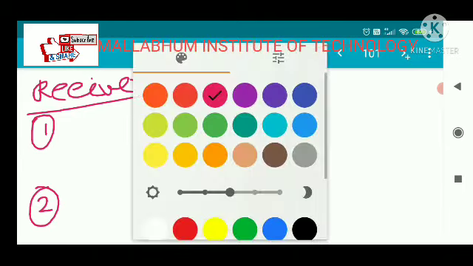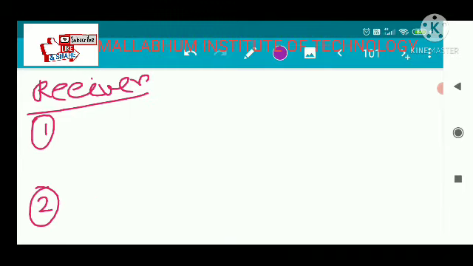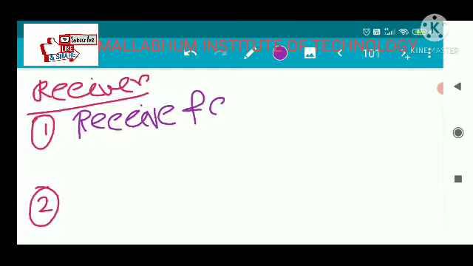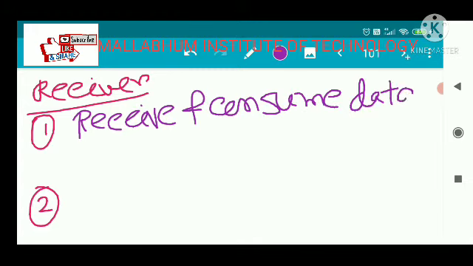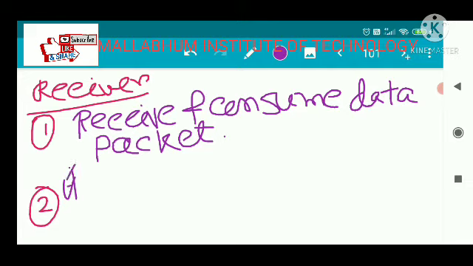Now the receiver side. First one is receive and consume the data packet, and the second one is, after consuming the packet, acknowledgement needs to be sent.